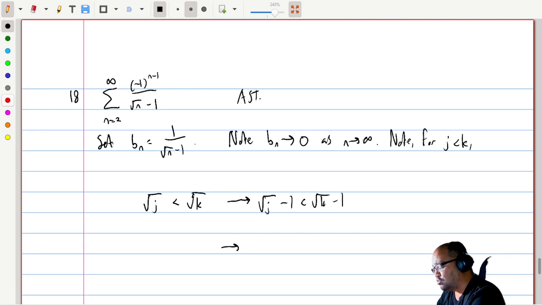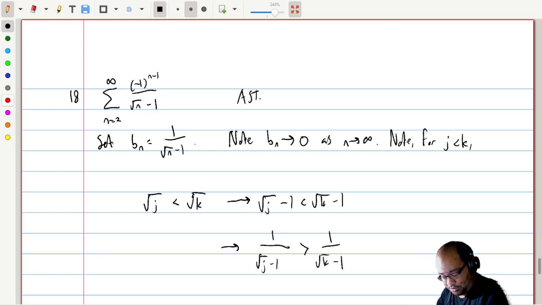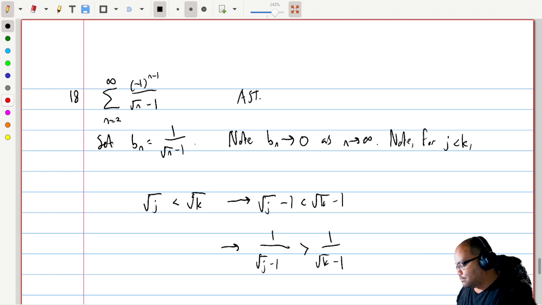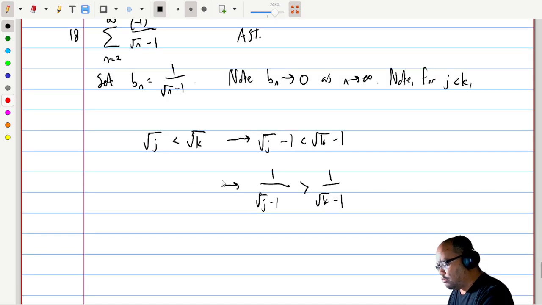Now when I take reciprocals, I have 1 over square root j minus 1 is now greater than 1 over square root k minus 1. Remember that taking reciprocals reverses the order of inequalities. But what does this really say? If j is smaller than k, then the term bj is bigger than bk.